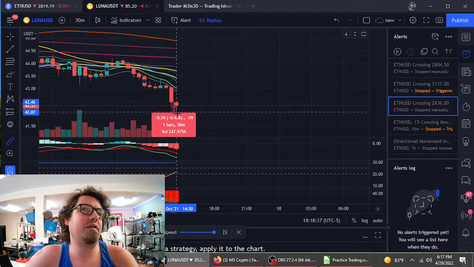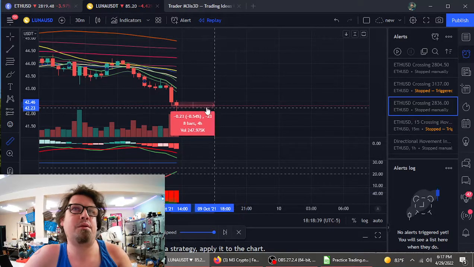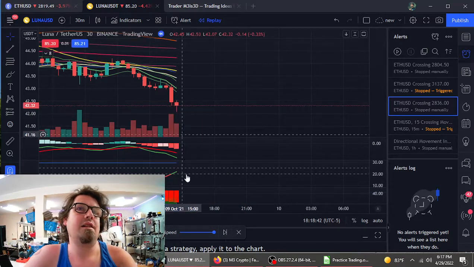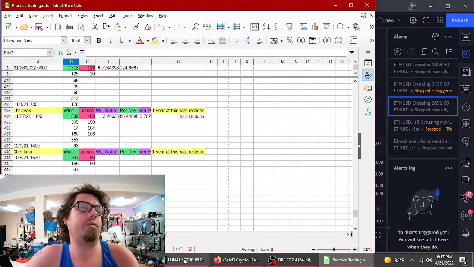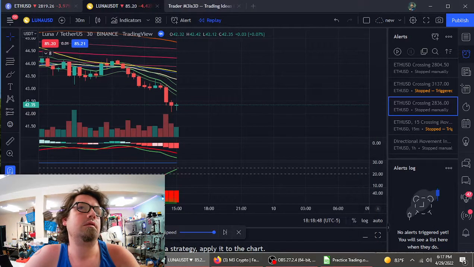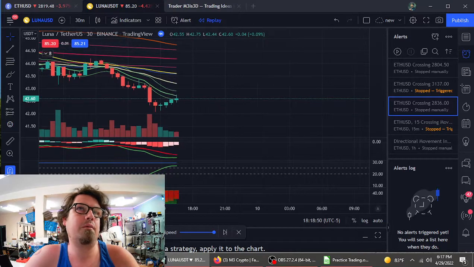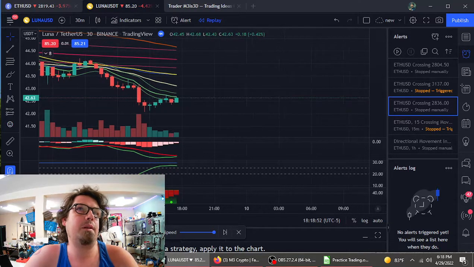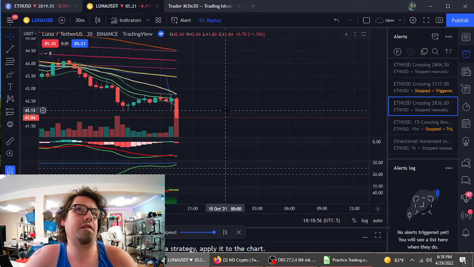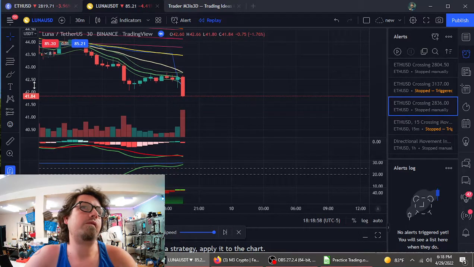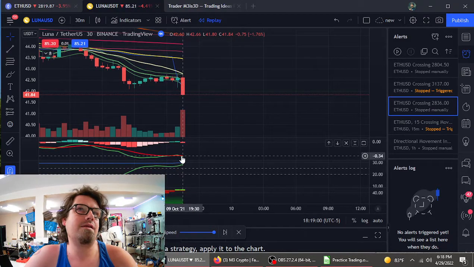Again, if it retraced 50%, I probably would have sold in reality. But that's 33%. 0.33. If we get one big bump out of this. There we go. Yeah, we did get across here.